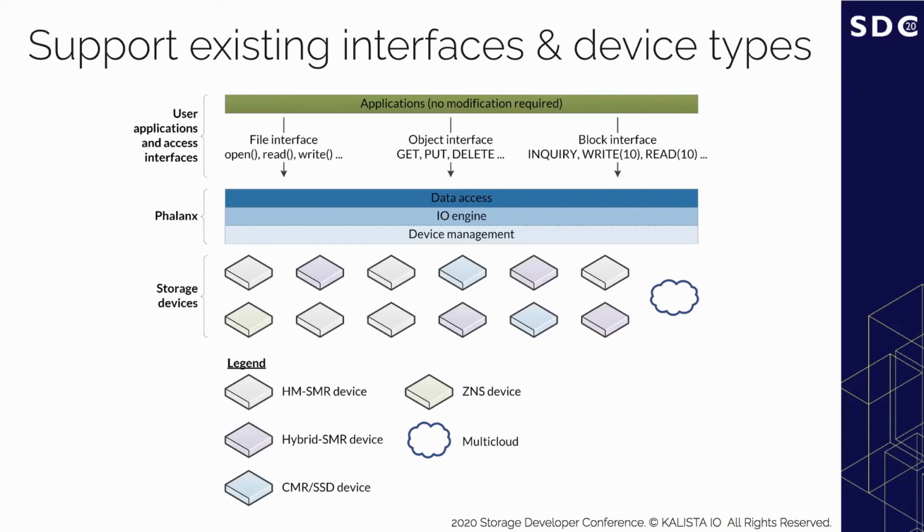So we implemented a thin data access layer that enabled applications to access SMR storage using the familiar file, object, and block interfaces. Next, we simplified device management by supporting both conventional and zone devices. This enabled users to mix and match different device types, eliminating silos and maximizing utilization.